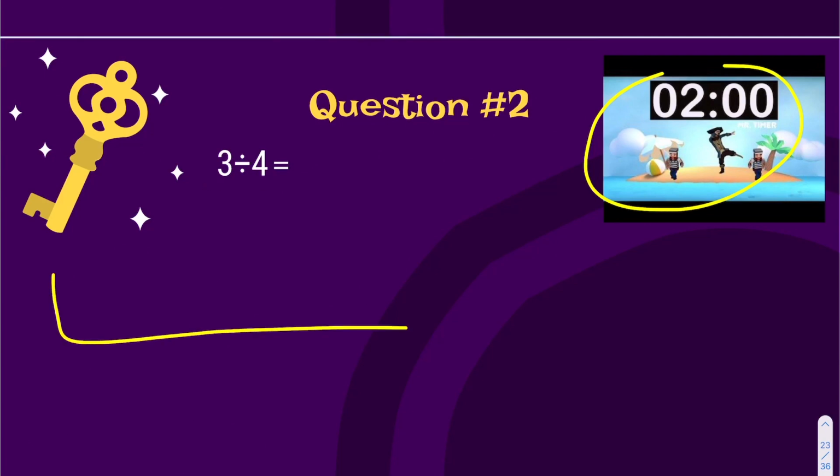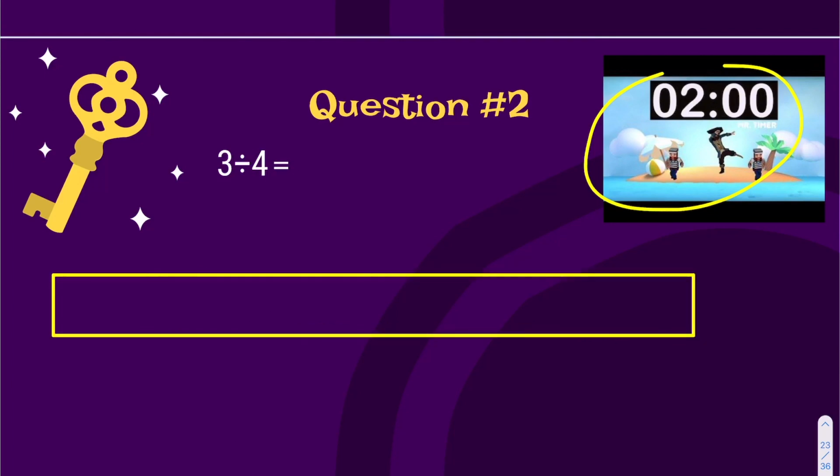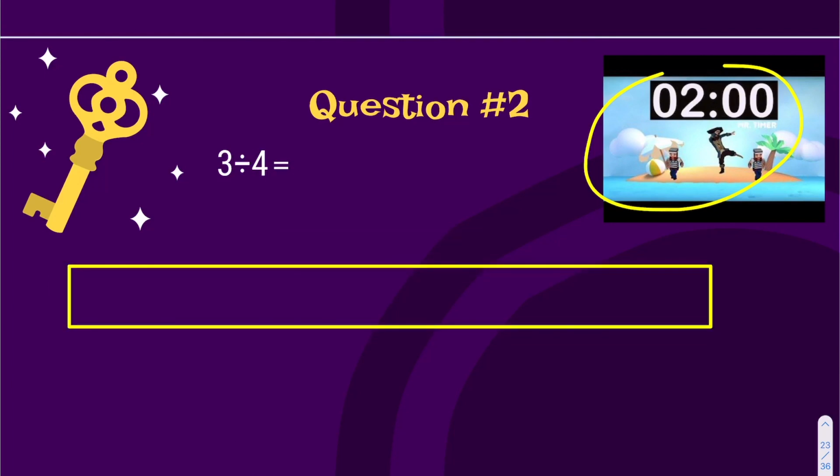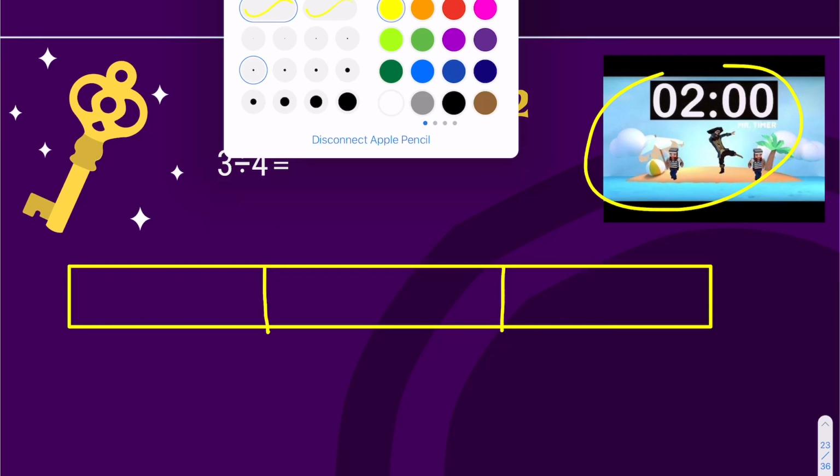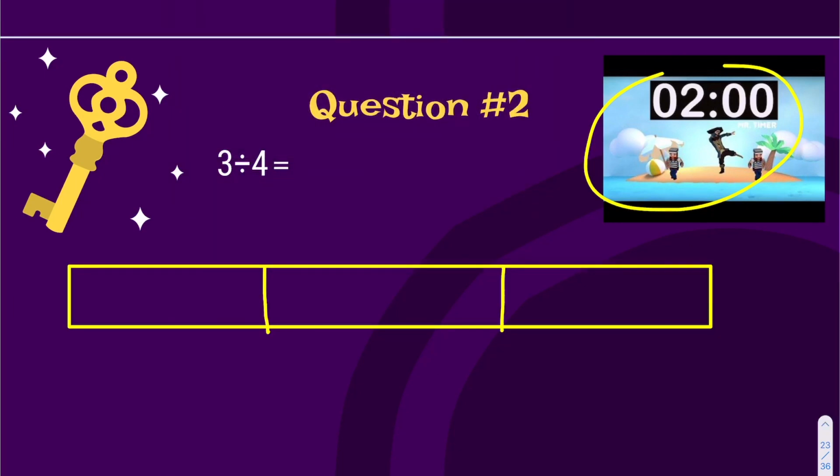So what we're going to do is I'm going to first draw a rectangle. I'm going to split this up into thirds, so that's just 2 lines in the middle. And what you guys are going to do next is split this up into fourths. Sorry, the first thing you can do is split up a third and then make other lines.